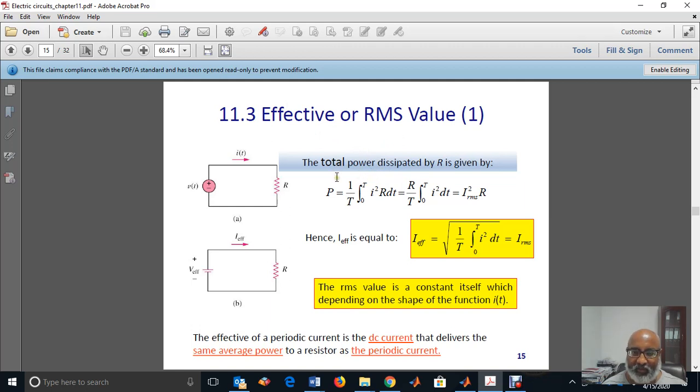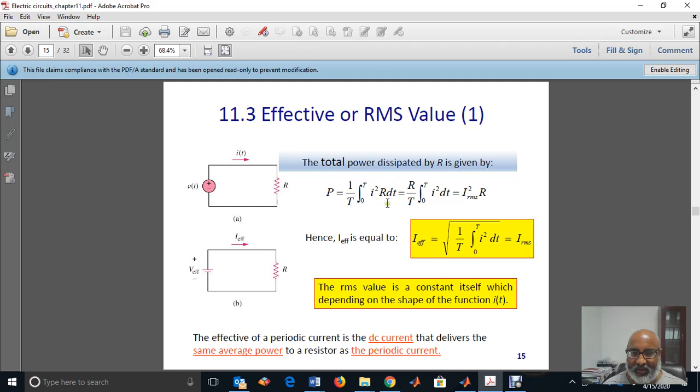What is the effective or RMS value? If I have, for example, here an AC source, and I have a current, this is the resistor, the load, then the total power dissipated by the resistor is 1 over T, which is the fundamental period, the integration from 0 to T, i squared times R times dt, because R is constant.